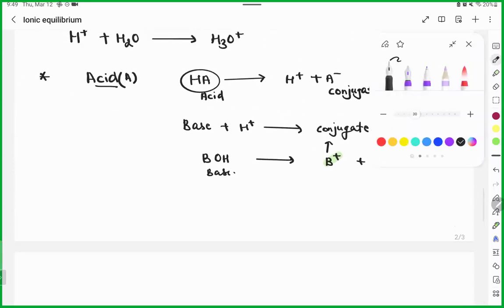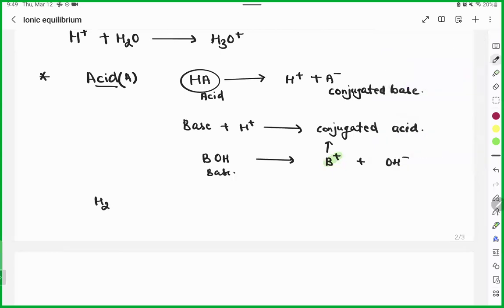Example: if you take two water molecules, H2O reacts with another H2O and it converts into, because we are talking about equilibrium, H3O positive and OH negative. Let's take this as acid, this as base. You can take randomly anything, doesn't matter.